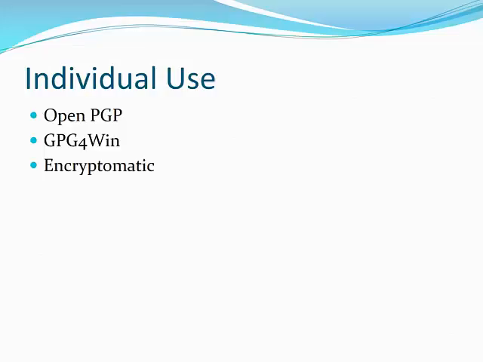OpenPGP is the most common distributor of open source encryption software that is freely available to the public. GPG4Win is an additional source that implements OpenPGP standards in their applications, and Encryptomatic provides plugins for Microsoft Outlook, as well as other applications that provide the ability to use digital signatures with a click of the button.